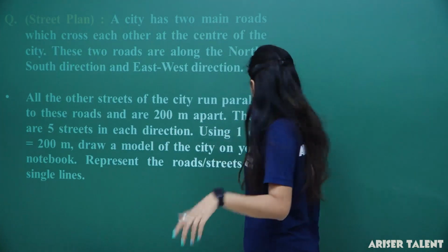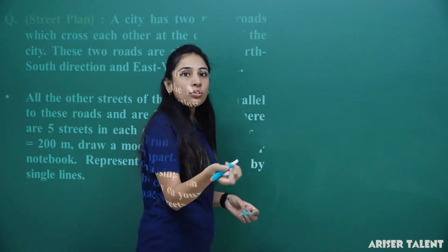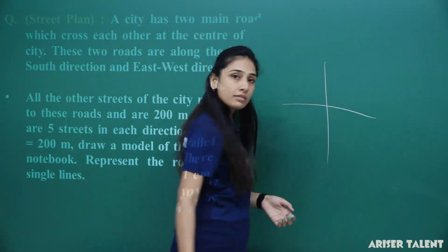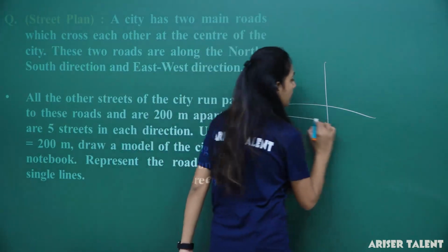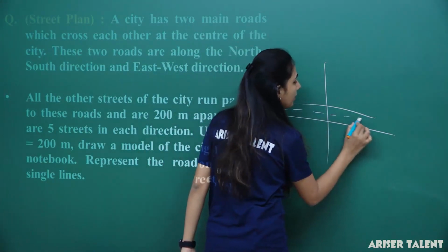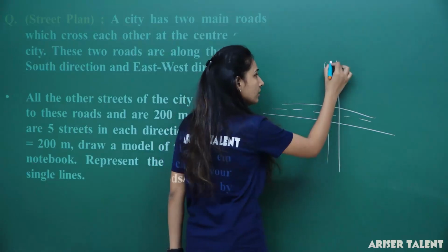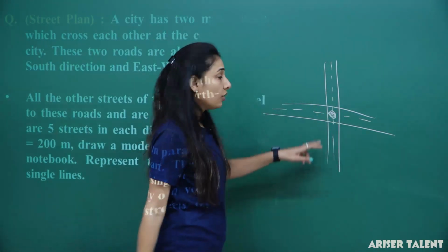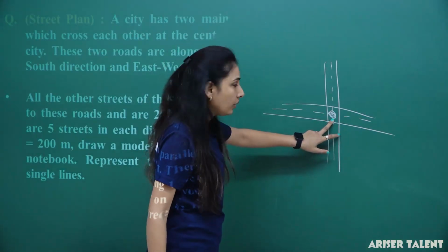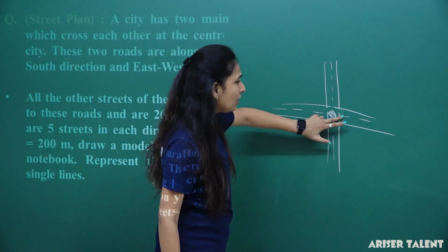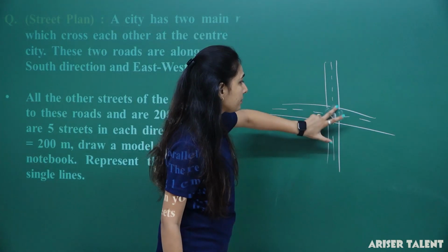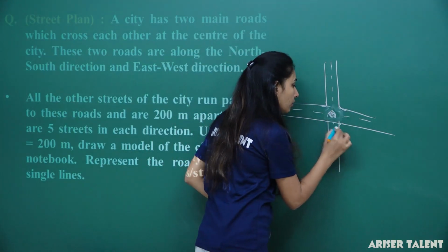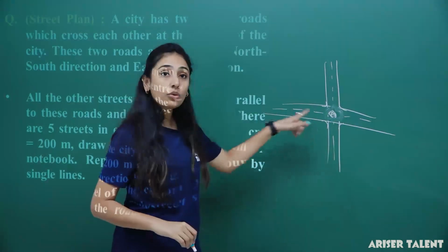Most of the time they cross like this: this particular road is going somewhere, and there is a cross here, and here there will be a rotary, that means a circle. In Hindi you call it choraha, right? That's how your roads will look. So these are the two roads.